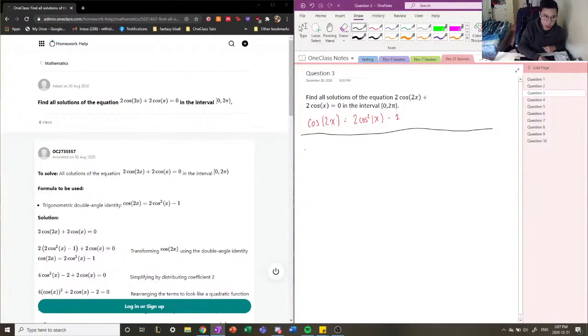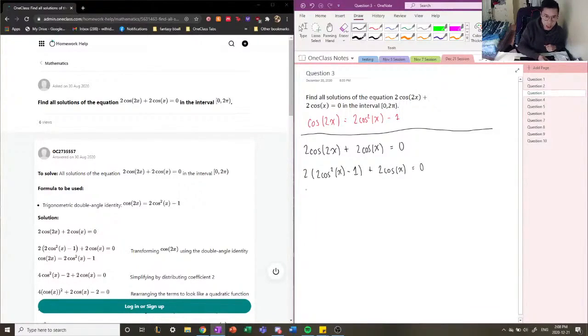So first, let's rewrite our equation here. 2 times cosine of 2x plus 2 cos x equals 0. The first thing that we're going to do is apply our trigonometric identity. So that's going to be 2 times (2 cos squared of x minus 1) plus 2 cos of x equals 0.